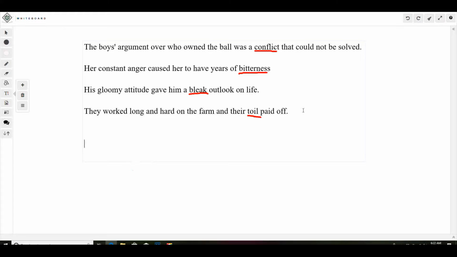Now, when you have a compound word, remember that's two little words put together to make one word. You always divide that word between the two words. And the primary accent is always on the first base word. Okay?